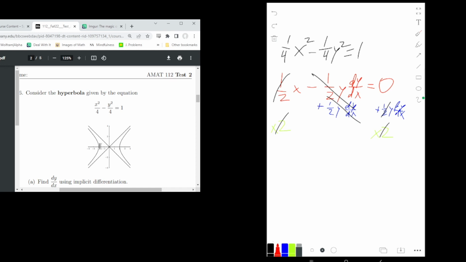And we'll get that x equals y dy dx. And so finally, dy dx, or y prime, which is what we've been looking for all this time, is just x divided by y.